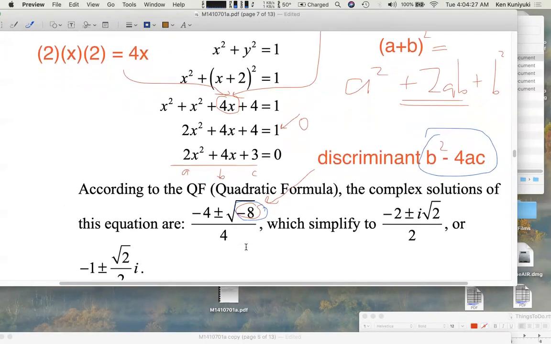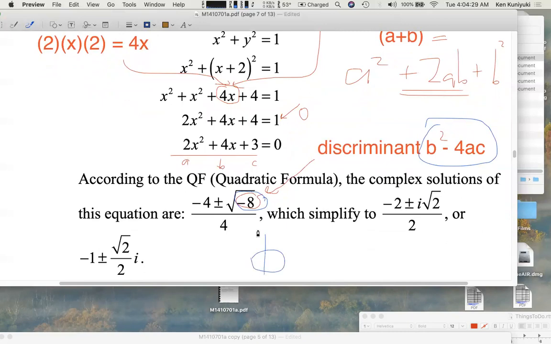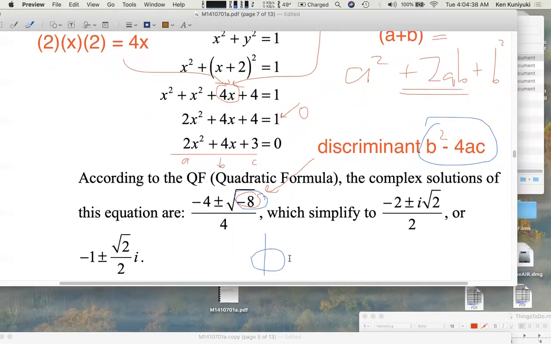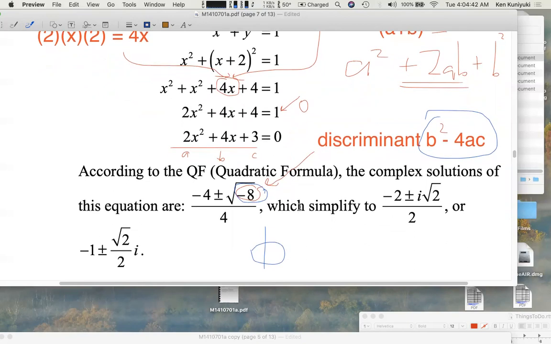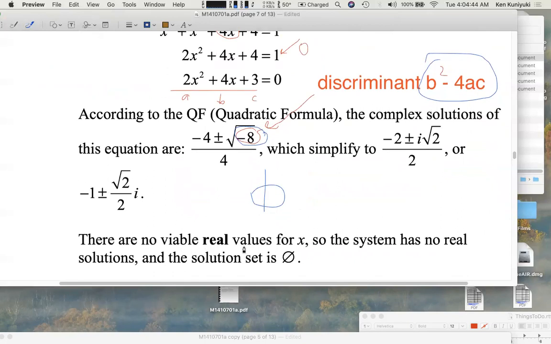It's going to be empty. Because you can't even find real solutions for just x alone, let alone an ordered pair. You need real solutions for x if you're going to have real solutions as ordered pairs. Solution set is the empty set. You're dead right here. There are no viable real values for x, so the system has no real solutions, and the solution set is the empty set.